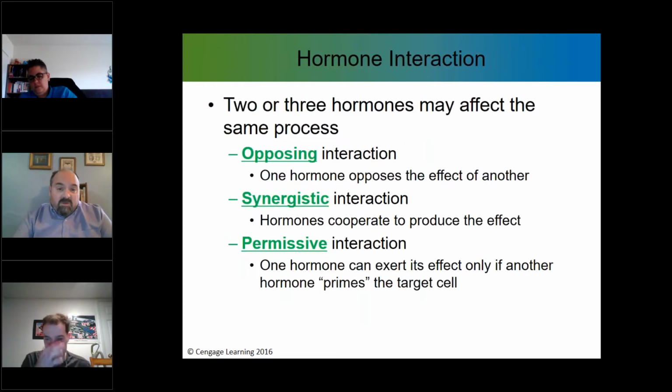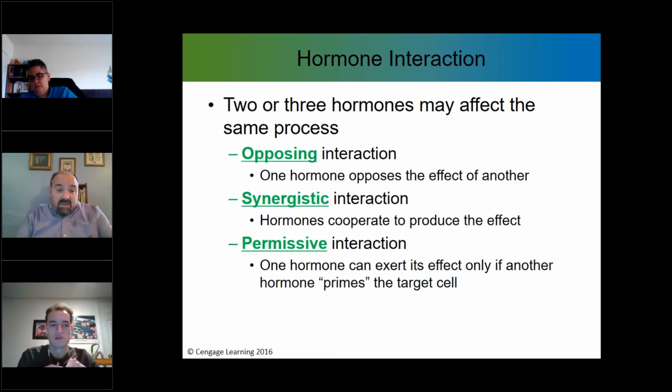So this is an interesting way to think about hormones and how they do what they do. Two or three hormones may affect the same process, so we can have synergistic action, working together. We can have permissive action, where one hormone can exert its effect only if another hormone primes the target cell. So in other words, we need multiple glands producing multiple chemical messengers, hormones, that will then initially bring about the release of a certain hormone and a certain action.